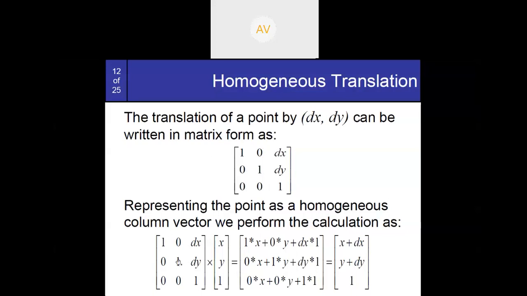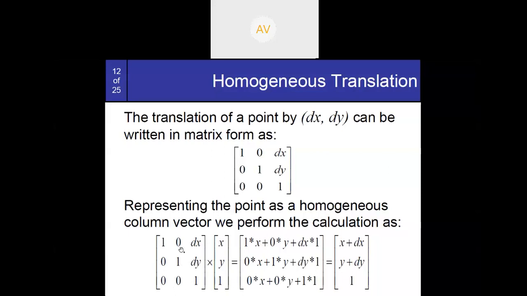Representing the point as a homogeneous column vector, we perform the calculations like this. See, this matrix into the original position, you will get the new position. Here the matrix multiplication is there. First row into column, second row into column, then third row into column.